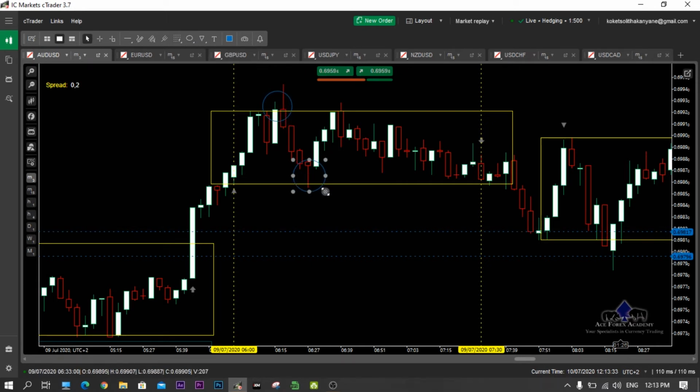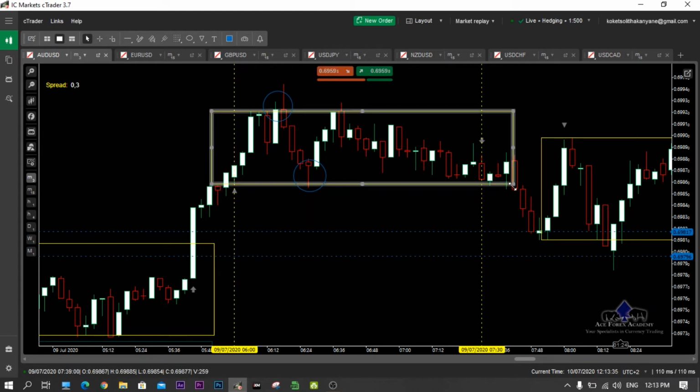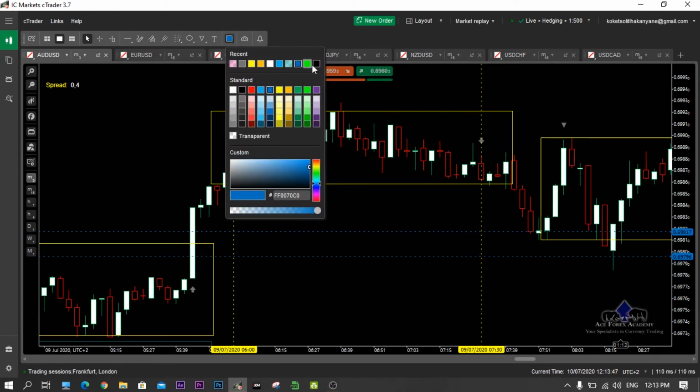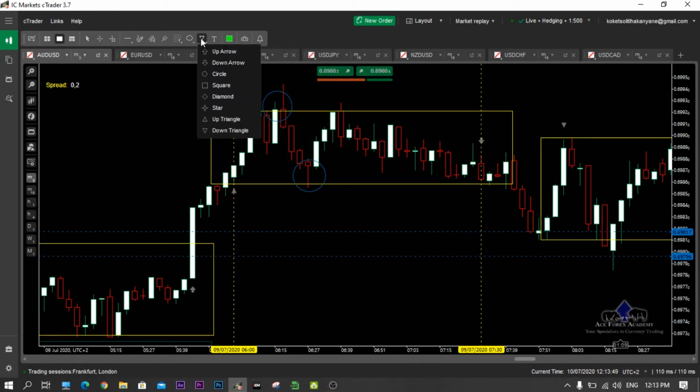Number two, price came back and bounced off our support level. And as price bounced off our support level, what then happened? You waited for the close of the confirmation candle. It's always important to wait for the confirmation close, and you would have taken a buy at this position over here.